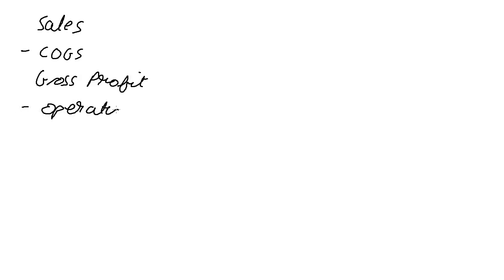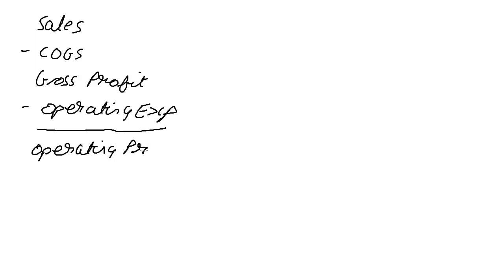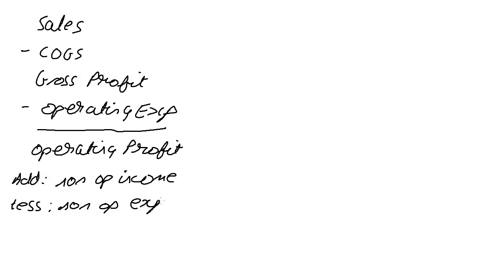Please remember, we are starting with sales. Sales minus cost of goods sold gives you gross profit, minus operating expenses gives you operating profit, and then by adding non-operating income and subtracting non-operating expenses, we get ourselves net profit.